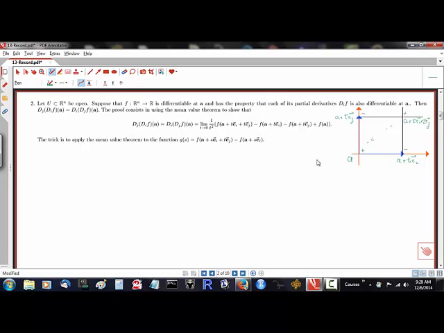Well, let's draw another little arrow, like that. And think about the difference between the function value at the head of the arrow and the function value at the tail.